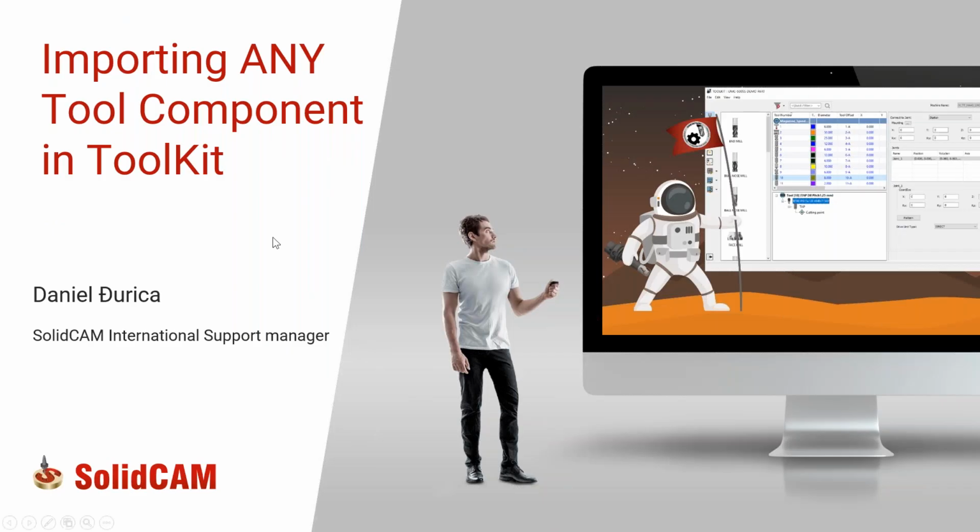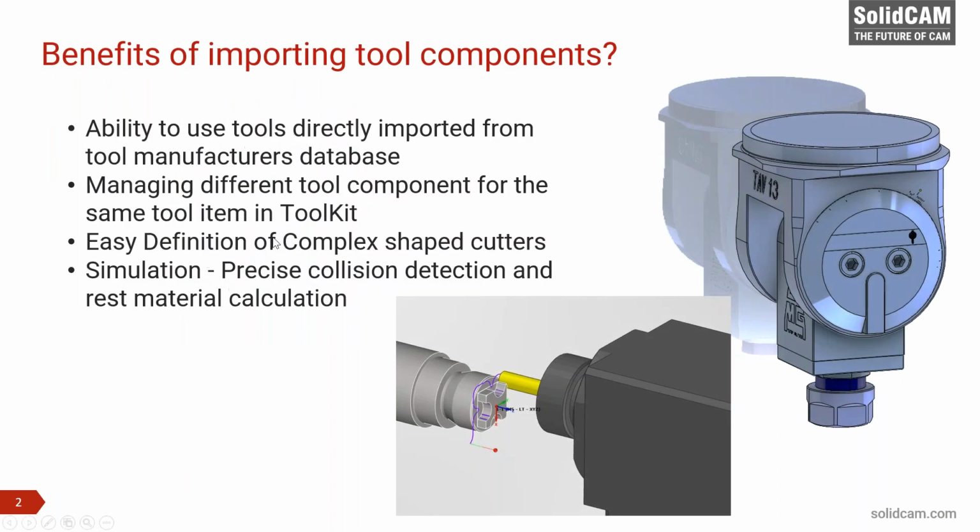The theory a bit. So first things first, what are the main benefits of importing any tool components? I'll just try to mention what kind of difficulties we had in the past and why it is now much better. So first of all, it is the ability to use tools imported directly from the tool manufacturer database. This is great because you don't have to make your own design, so you don't waste your time.